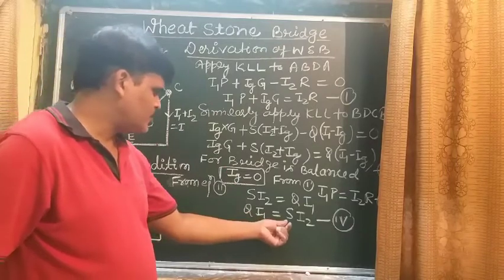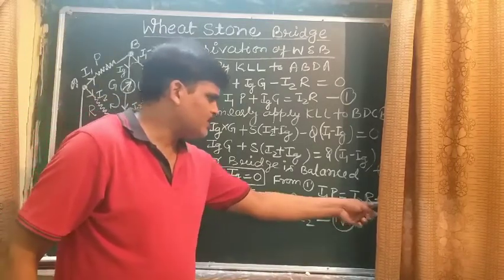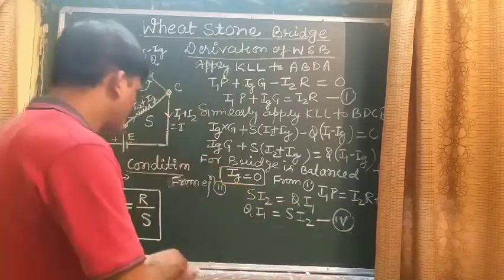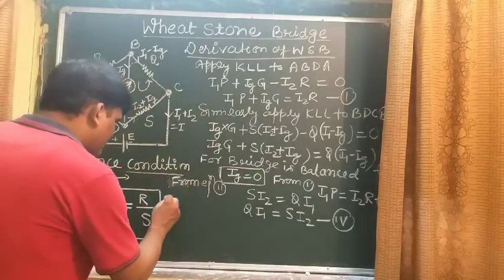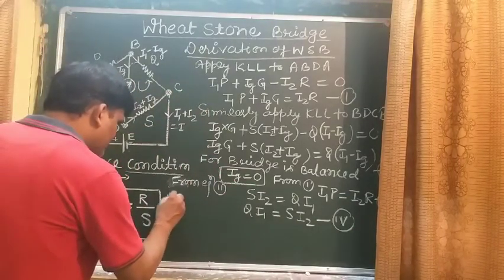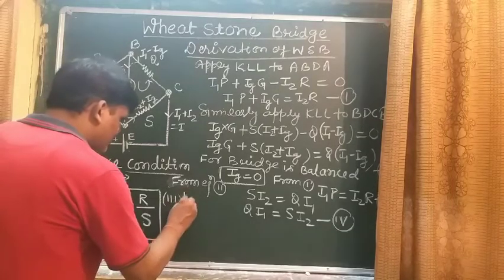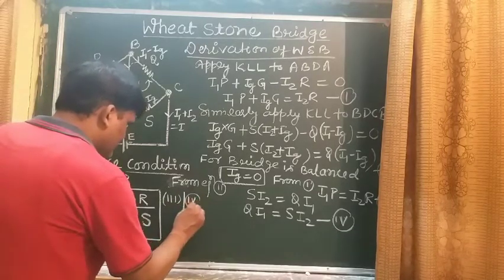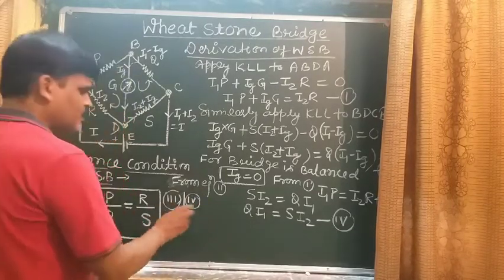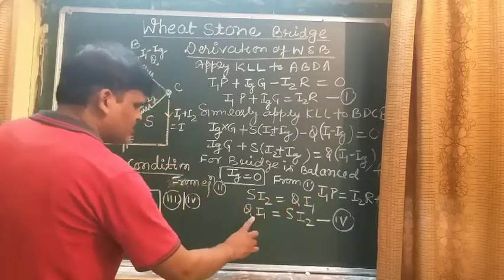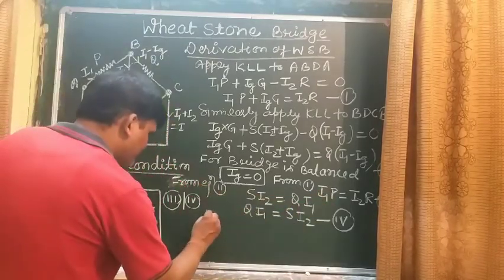And students, see equation 3, I1P equal to I2R, and equation 4, Q I1 equal to S I2. Dividing equation 3 by equation 4, what will happen?